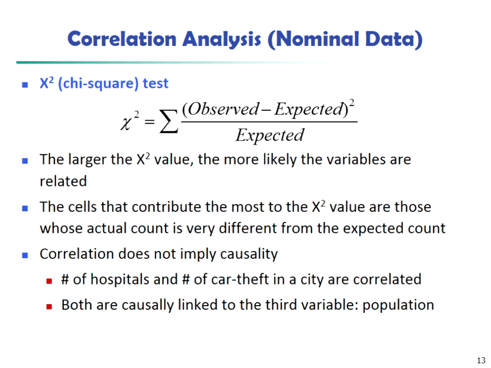So, correlation analysis for nominal data. Here we will calculate chi-square, and we will treat only nominal data. Chi-square equals the sum of observed minus expected, squared, divided by expected.